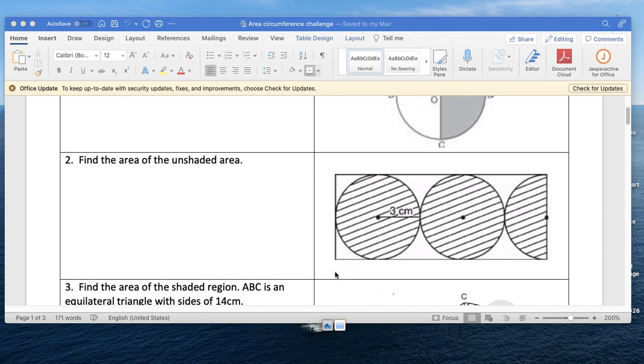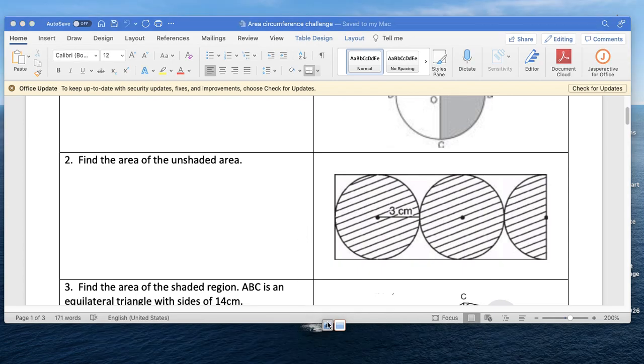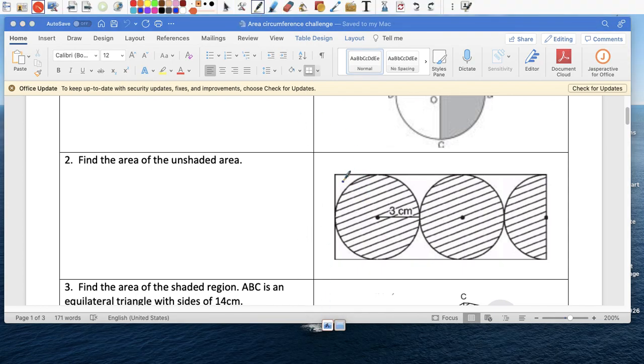Find the area of the unshaded area. So it's a rectangle, and I'm interested in the unshaded part, which is these parts right here, right? So it's the area of the rectangle minus the area of 2 circles and a half. So let's find the area of the rectangle first. Let me draw a rectangle.